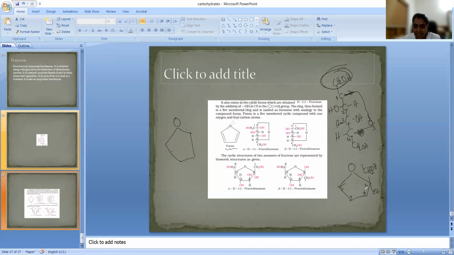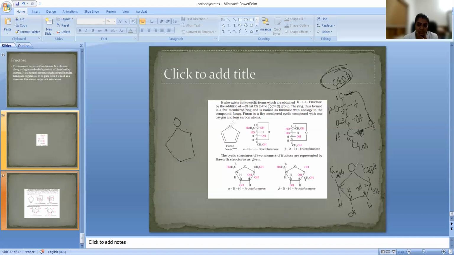After that again our OH group on the right side, left side. So OH up, H down, and then next is H on the left side. So H up, OH down, and again here CH2OH. This 6 CH2OH will always be up.